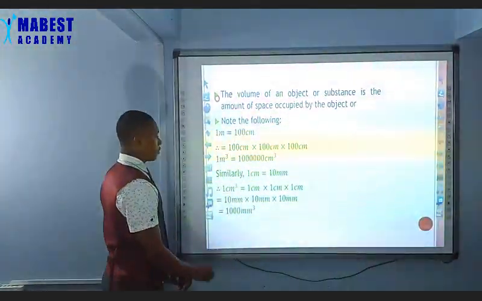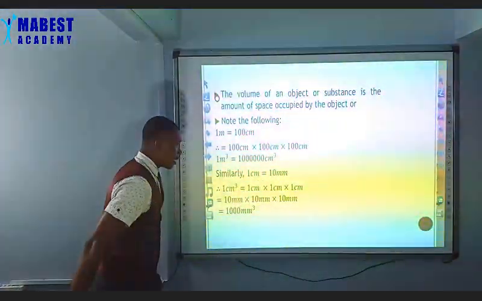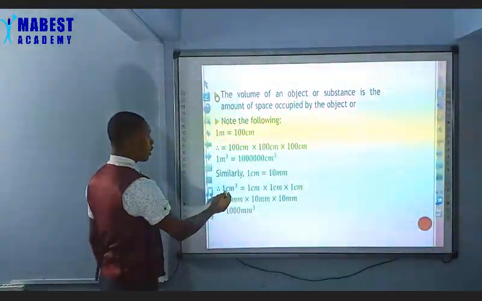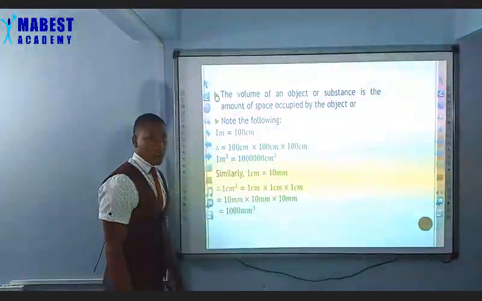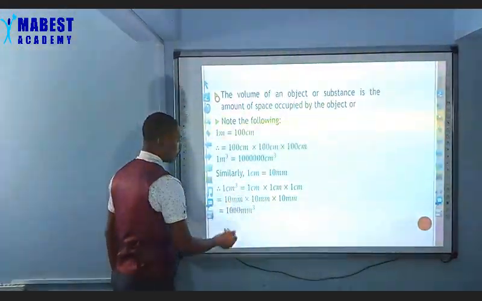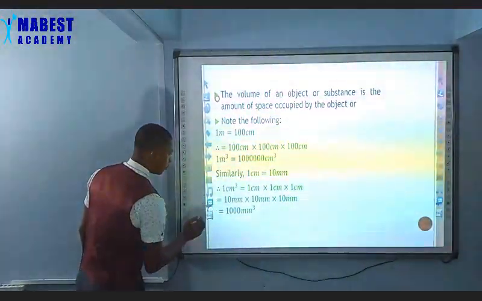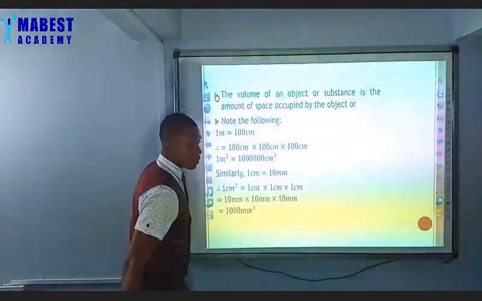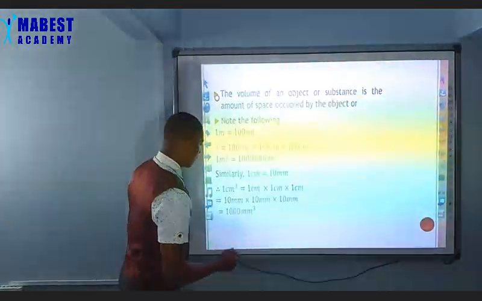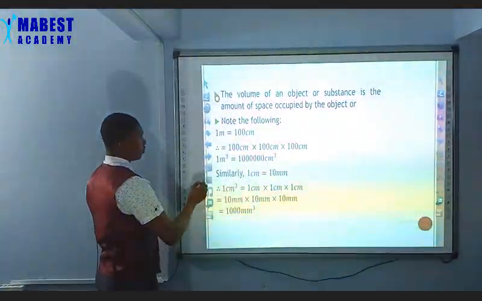Similarly, 1 centimeter is equal to 10 millimeter. So 1 centimeter cube is 1 centimeter times 1 centimeter times 1 centimeter, which is 10 millimeter multiplied by 10 millimeter multiplied by 10 millimeter, giving us 1000 millimeter cube.